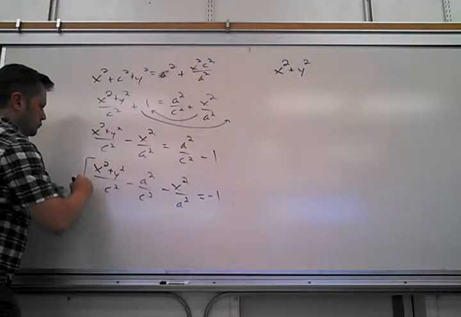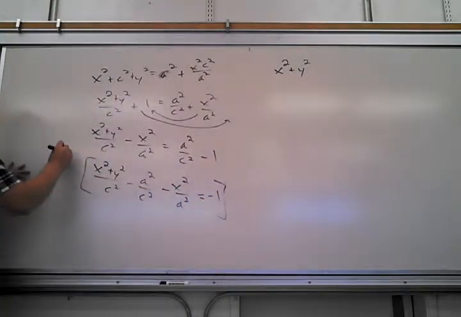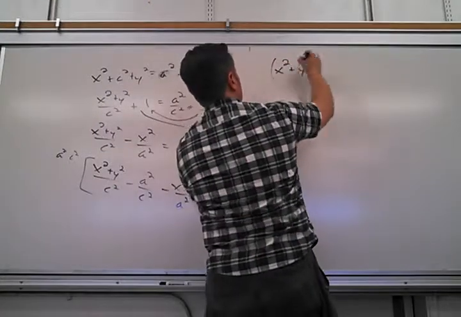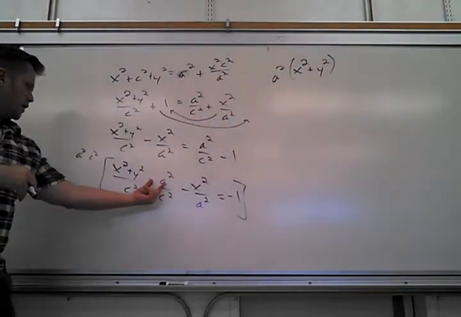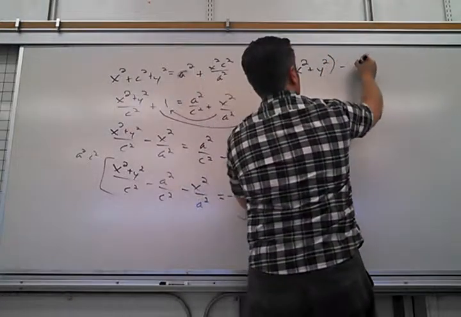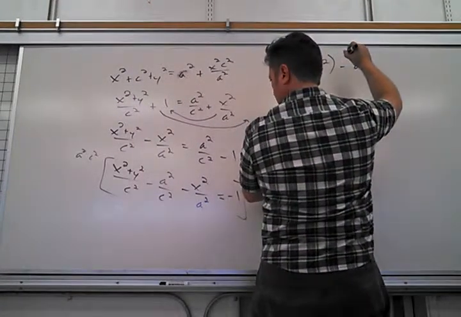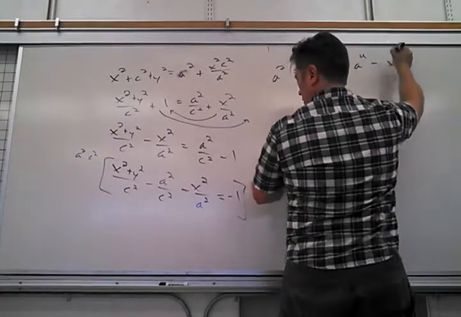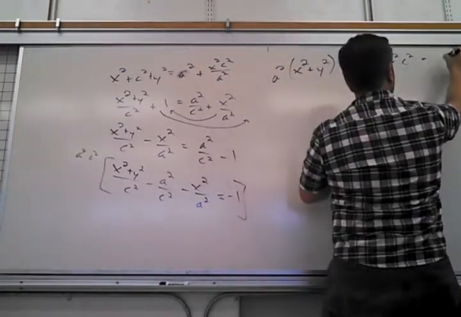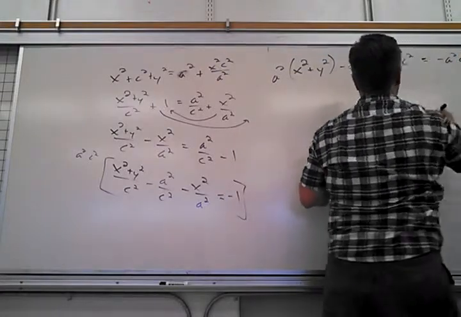If I multiply all this by a squared c squared, I'll get a squared times this minus a to the 4th minus x squared c squared equals negative a squared c squared.